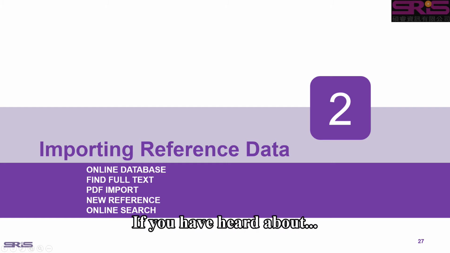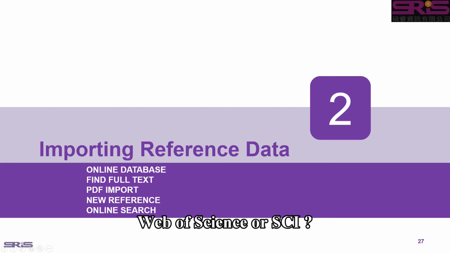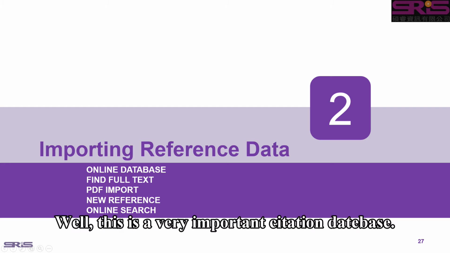If you have heard about Web of Science, please raise your hand. Web of Science or SCI? No? Have no idea? Okay. Well, this is a very important citation index database.